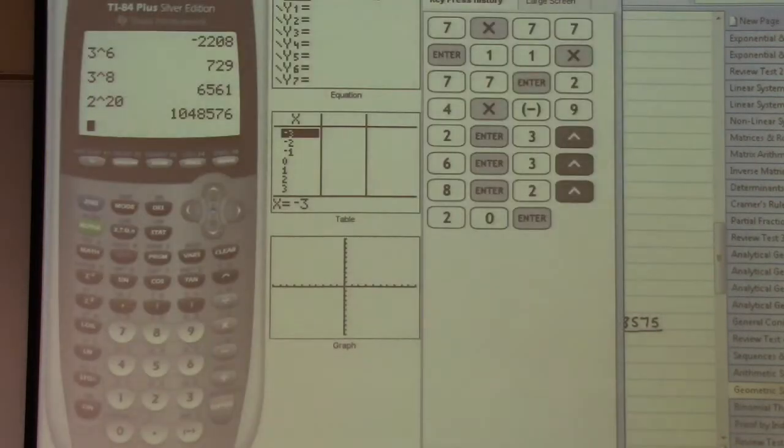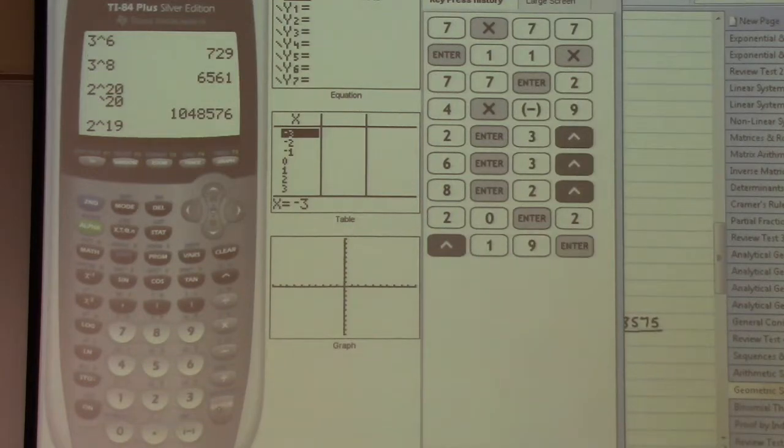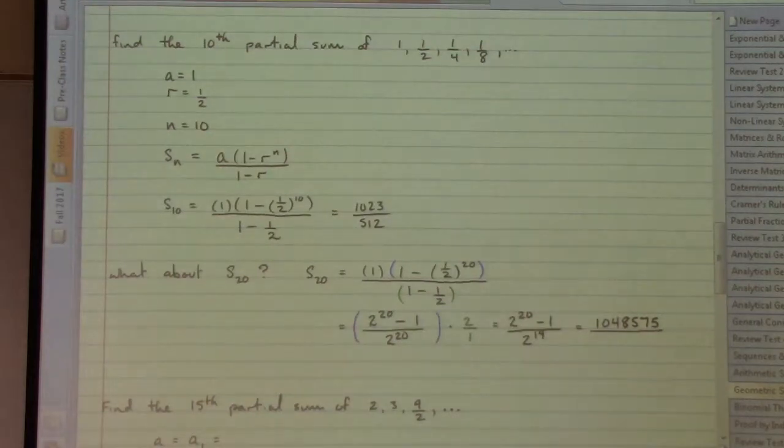Back to the calculator, the denominator would be 2 to the power of 19. 524,288.